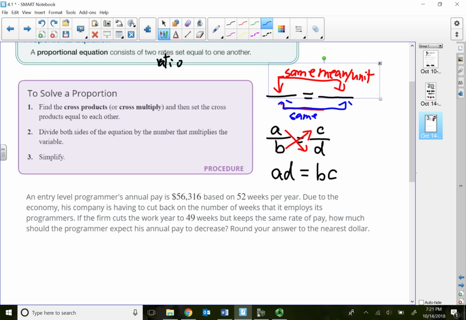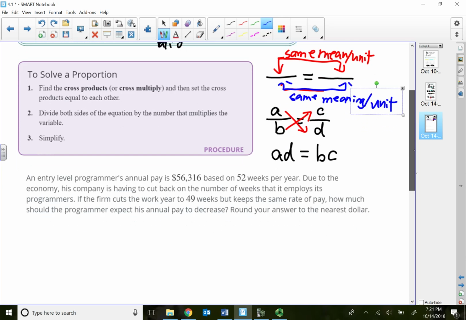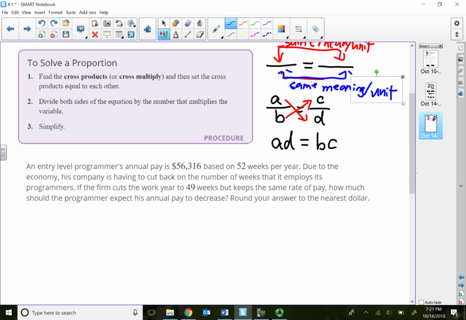This is just one way to set up the proportion. Right now I have $56,316, which is for 52 weeks of work.